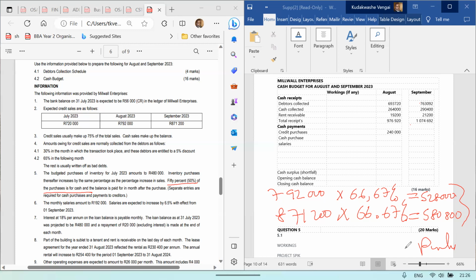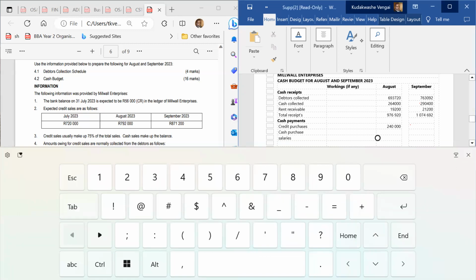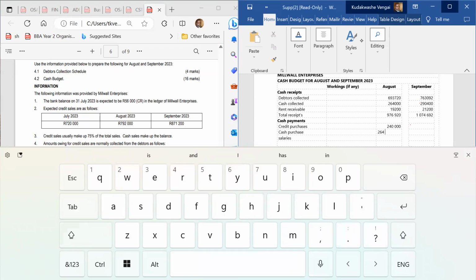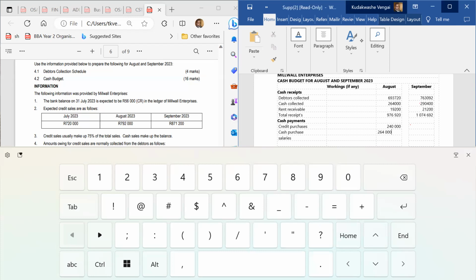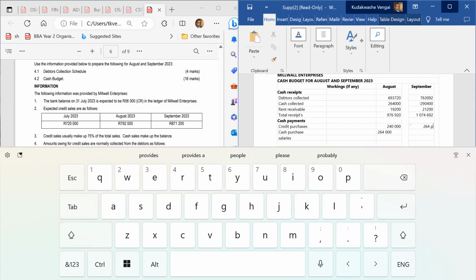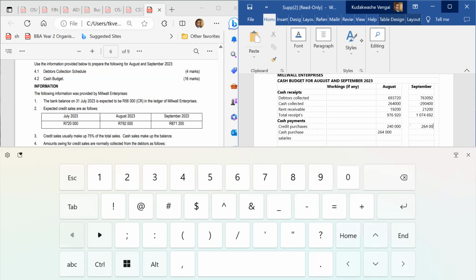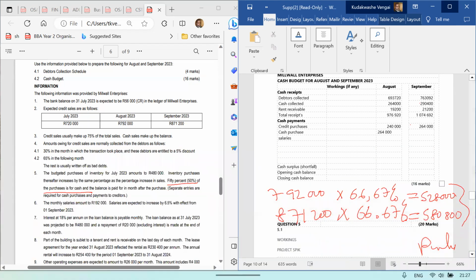So I had 264 here, so that's 264,000. And then you check for the other one, it was 580,800 multiplied by 50%.